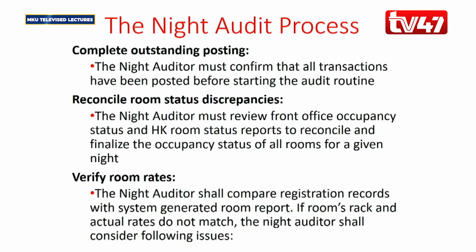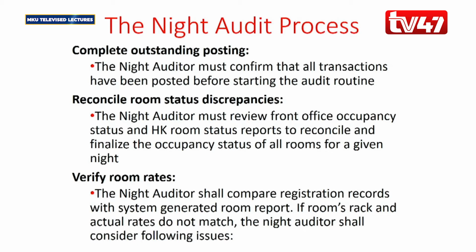Then the second thing that they will do is to reconcile room status discrepancies. Now, we have two reports here which will contain the room status for the hotel for a particular operation day. One of the reports will be prepared by the housekeeping department, and the other report is the one that is going to be generated by the front office.